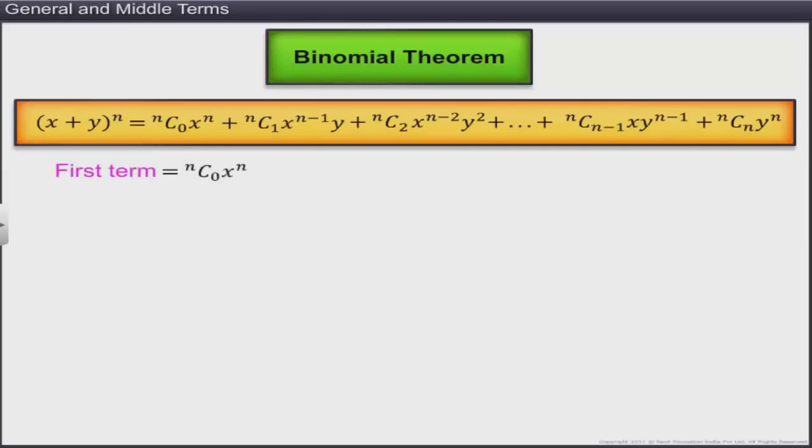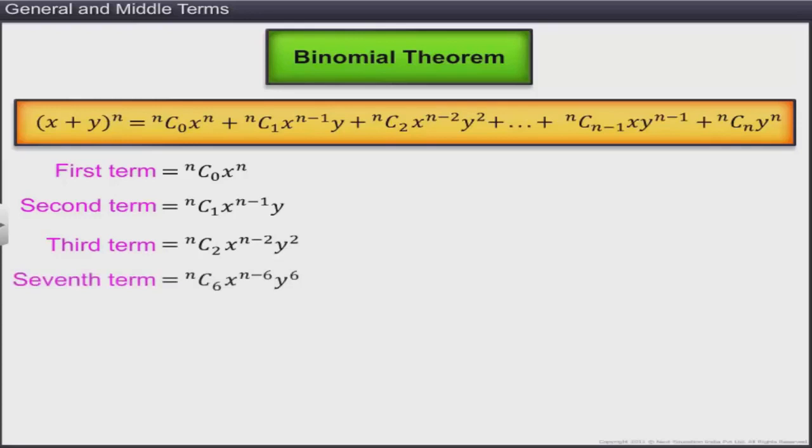The first term in the expansion is nC0 into x raised to the power n. The second term is nC1 into x raised to the power n minus 1 into y, and so on, following the same pattern. Any required term in the expansion can be obtained.